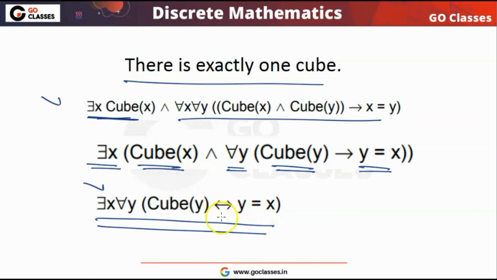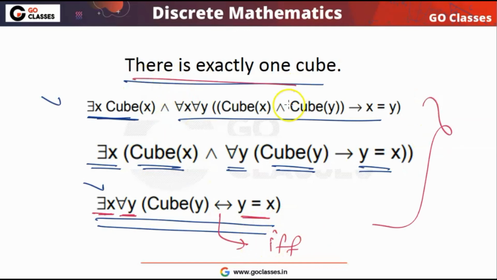Because of this if and only if, if x is equal to y, then definitely it is a cube. So it means there is at least one cube. And if anything is a cube, for all y, if y is a cube, then it must be equal to x. Okay, so these are three different ways of writing the same expression.